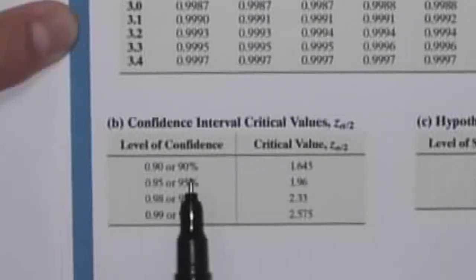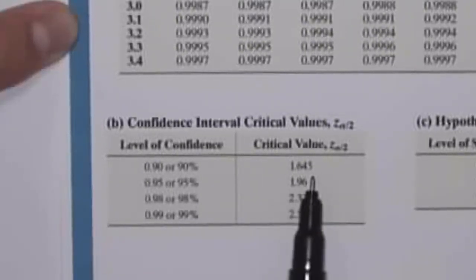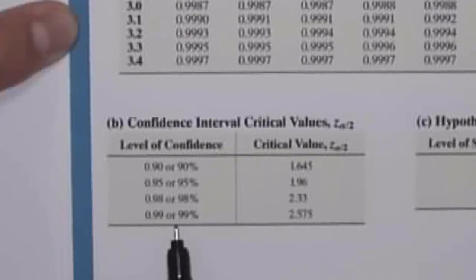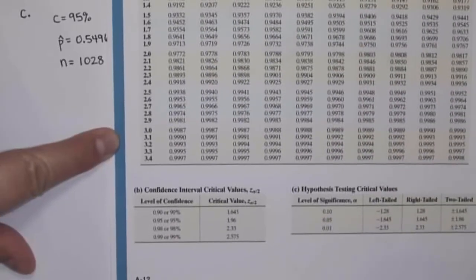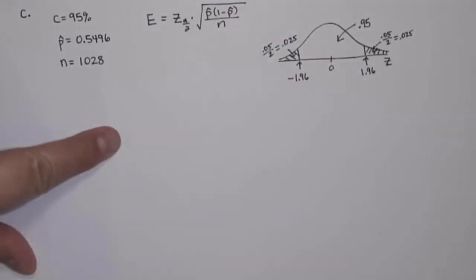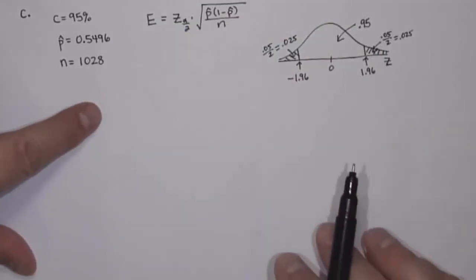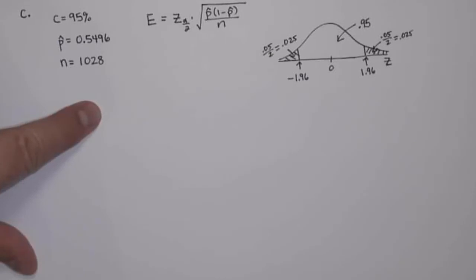If we had a 90% level of confidence, then it would be 1.645. 98 and 99, we can see 2.33, 2.575. So we can look those values up using the table. We could also, if you'll remember, use the inverse norm command on our calculator, or we could use the normal calculator in StatCrunch to figure that value out as well.